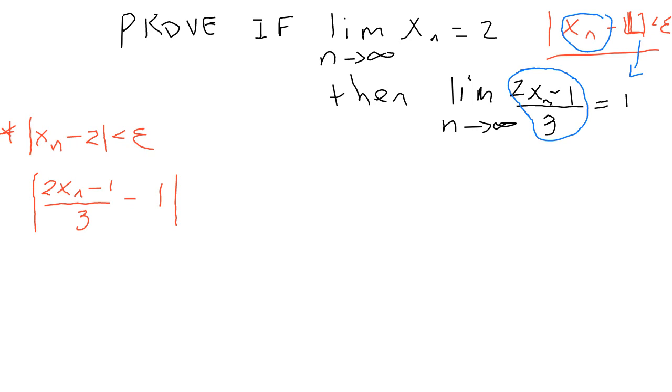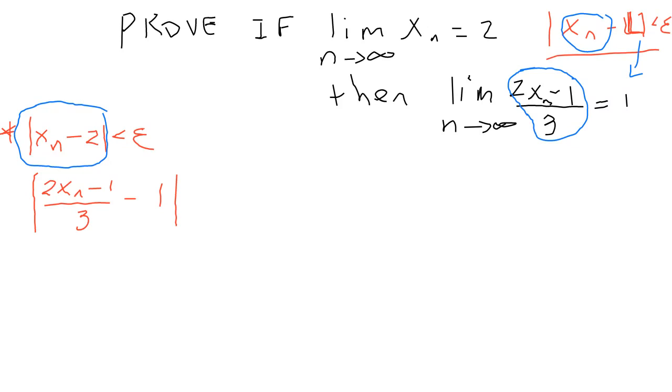Put the sequence in there, minus the limit, and you solve until you get your particular epsilon satisfied. But you have to use what you have known to be true. We know this is true right here. We have to use that. So we need to get it to look like that. Otherwise, you can't prove that the limit of the next one is that.